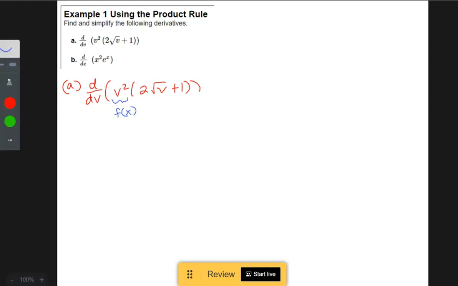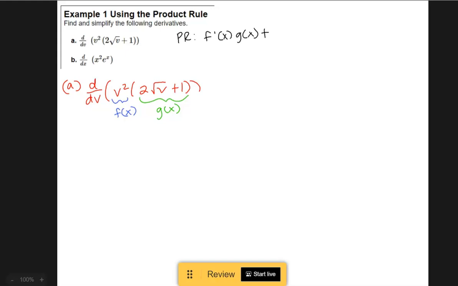That's one of the functions. And then this 2 square root of v plus 1, that's what I would call my g of x. So remember your product rule: f prime of x, g of x, plus f of x, g prime of x.